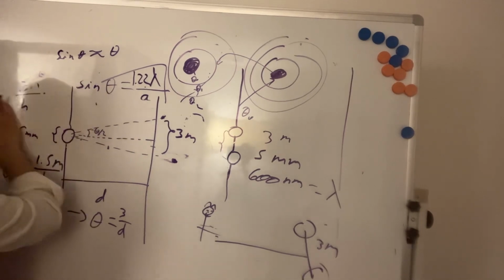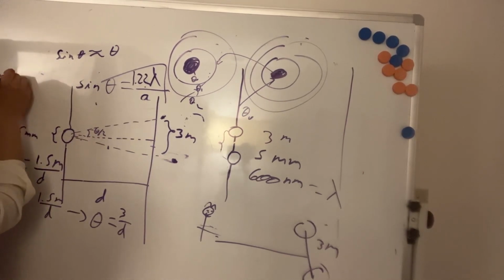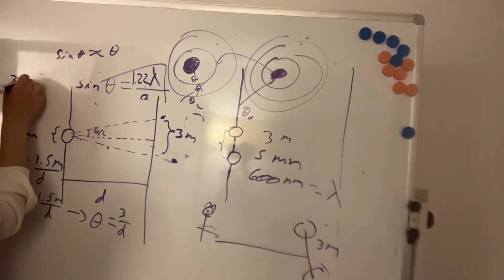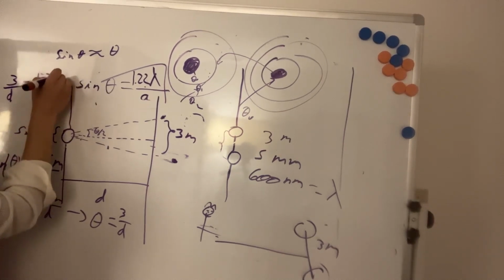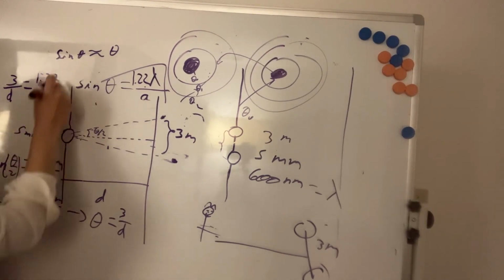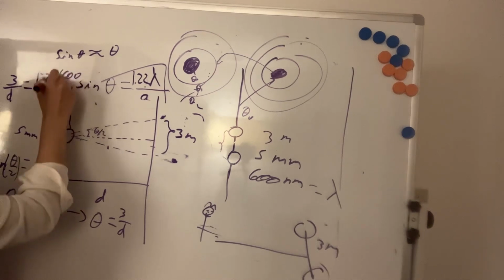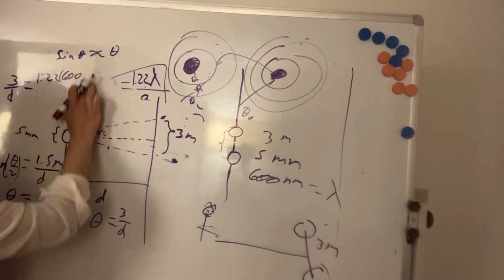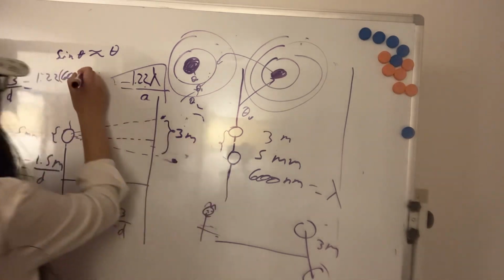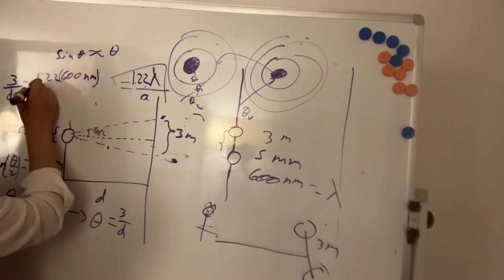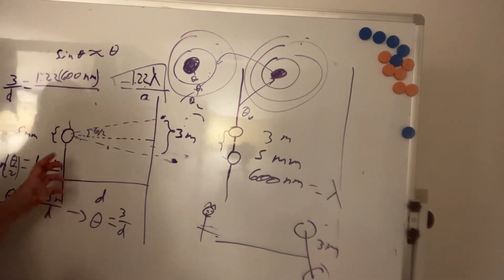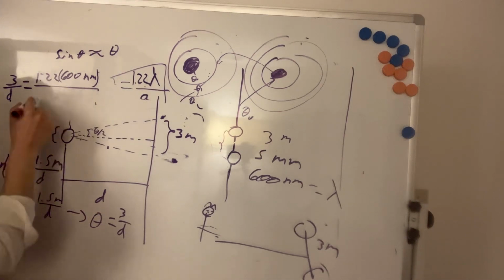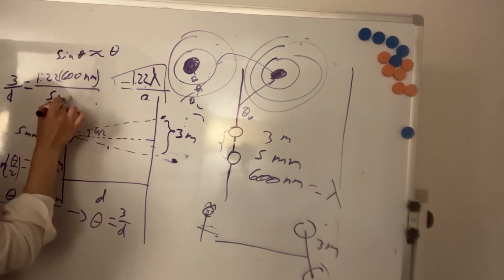So we would plug in here: 3 over D is equal to 1.22 times the wavelength, that is 600 nanometers, divided by A, that is the aperture of the pupil, so it is 5 millimeters.